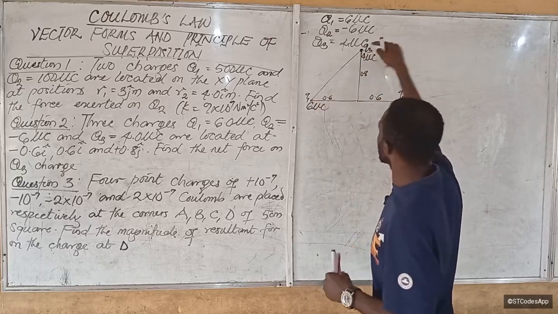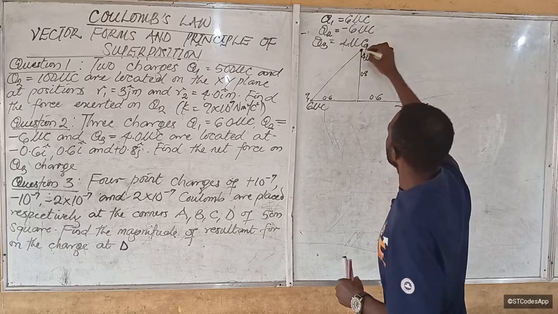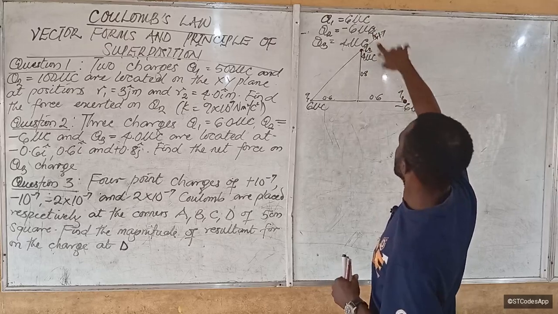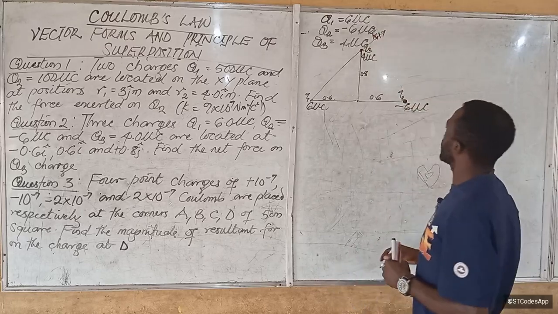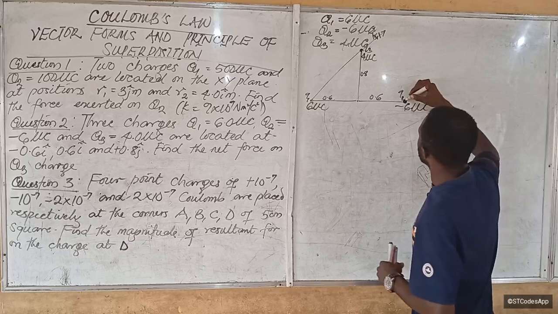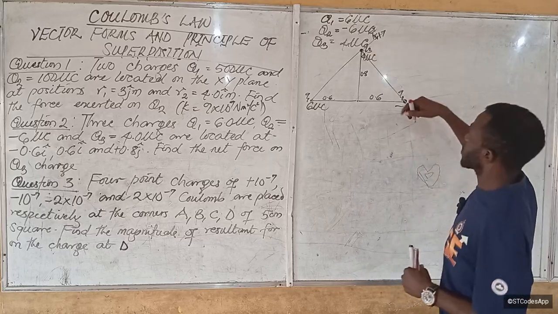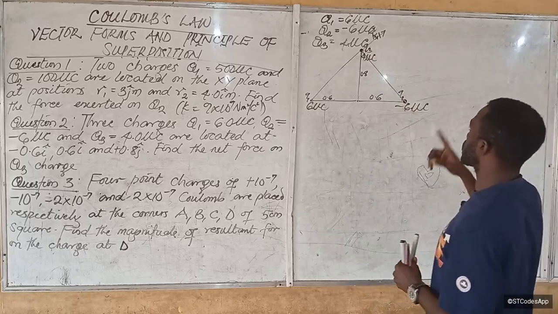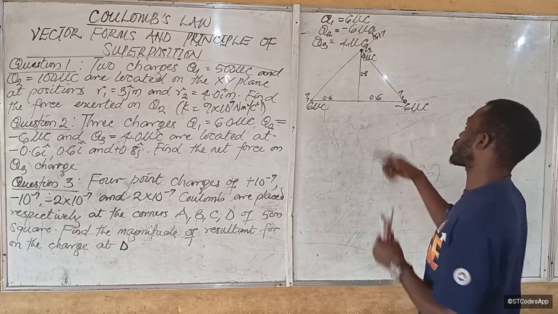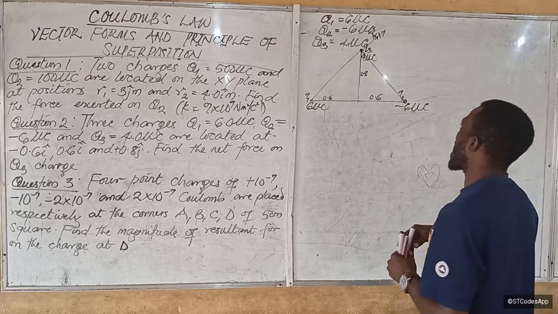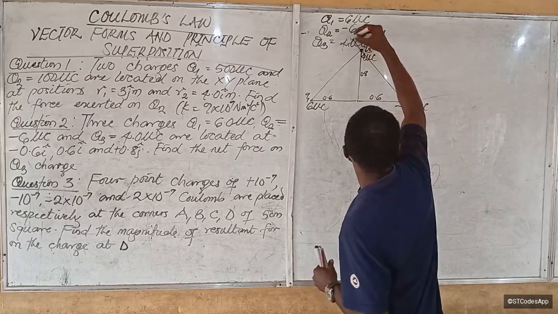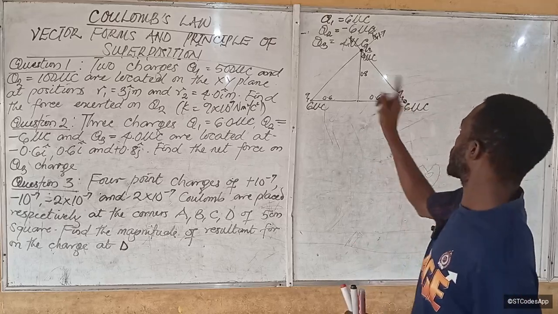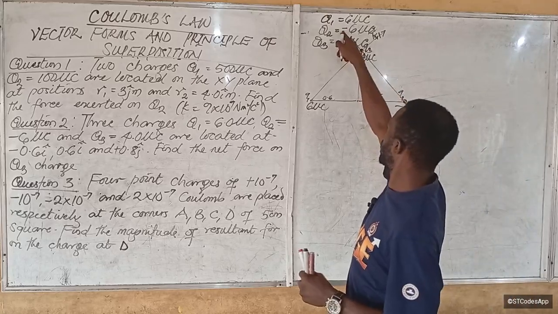The force on 3 due to 1, F31, will act along this line, because it's the line joining them according to Coulomb's law. The force on 3 due to 2, F32, will act along this line, because it's also repulsion between Q3 and Q2.